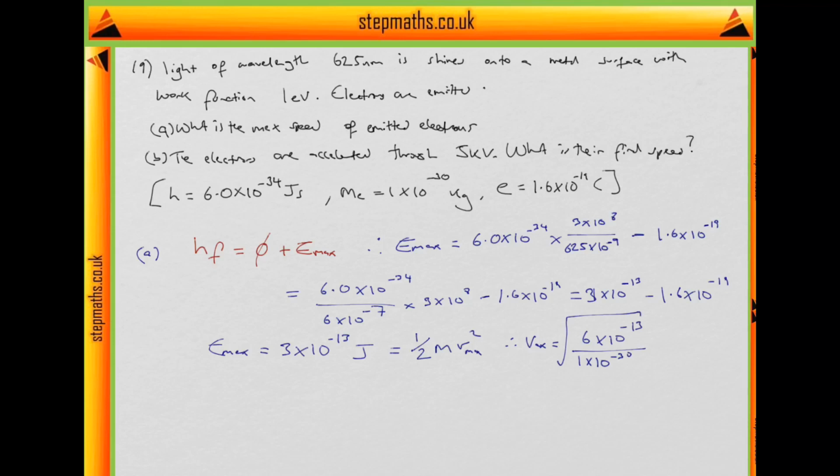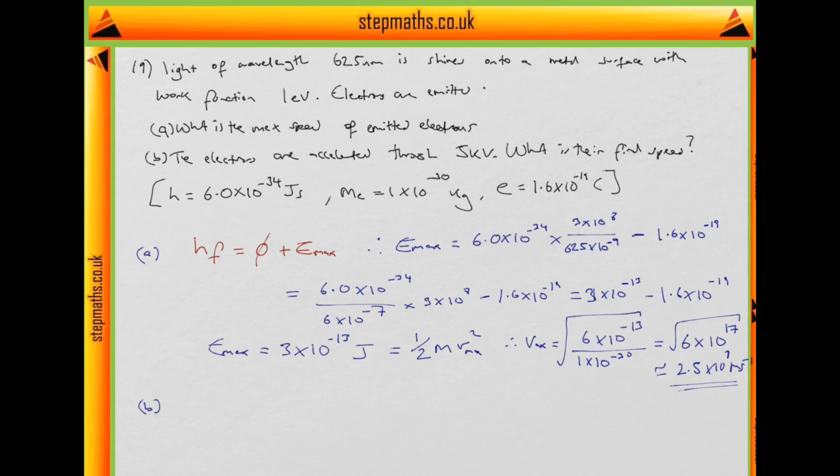That corresponds to the square root of 6 times 10 to the 17. The square root of 6 is approximately 2.5, so it's approximately equal to 2.5 times 10 to the 8 meters per second.